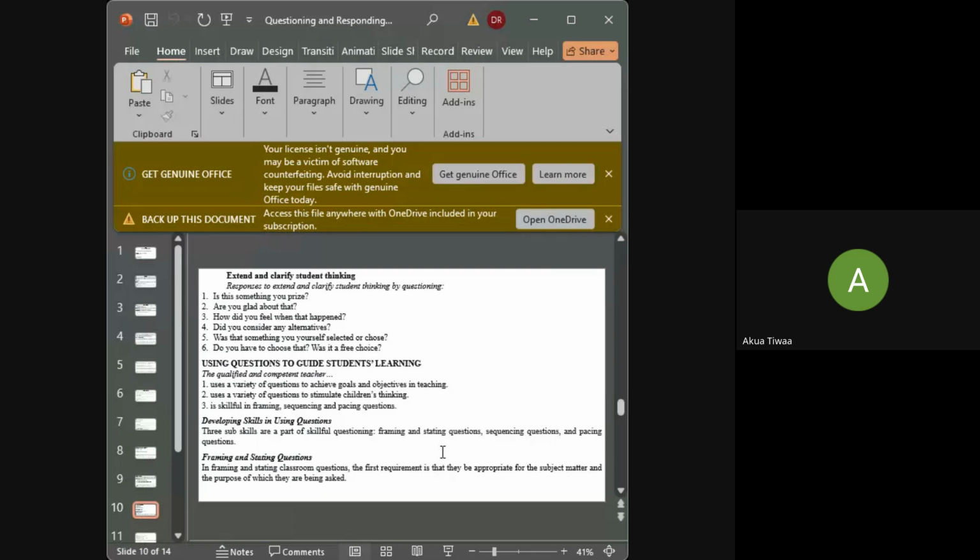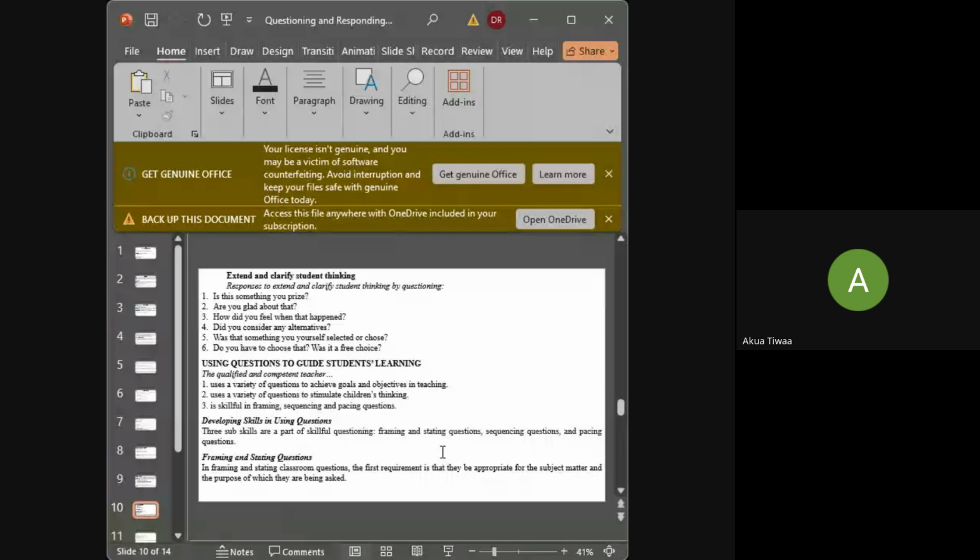How do we frame and state the questions? And then sequencing questions. And then pacing questions. So one, framing and stating the questions, sequencing the questions, and then pacing the questions. So we'll be looking at them one after the other.